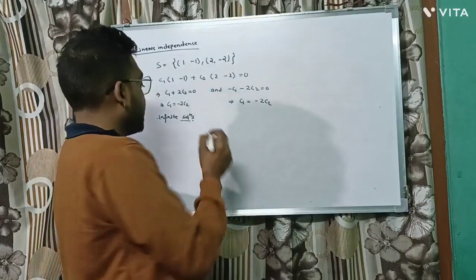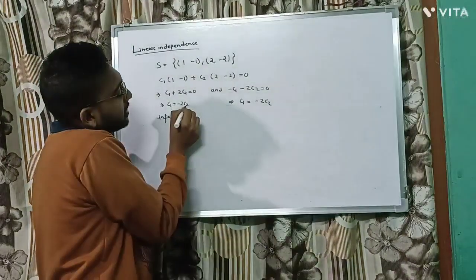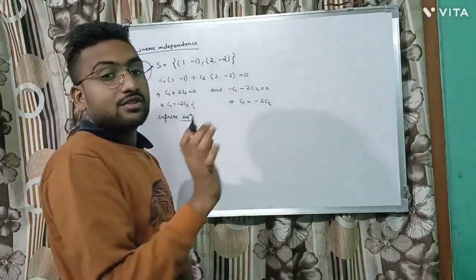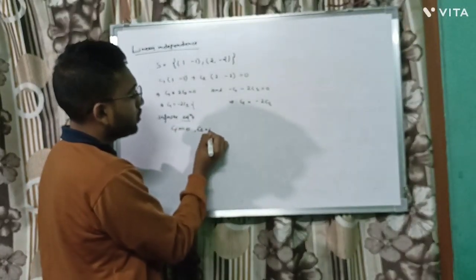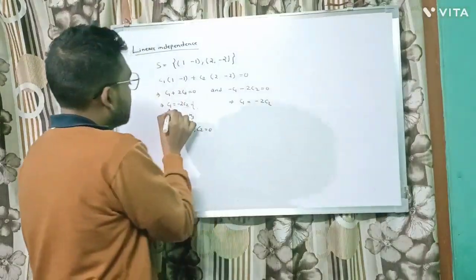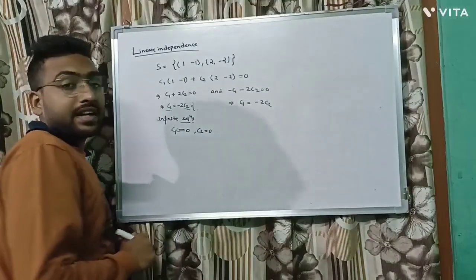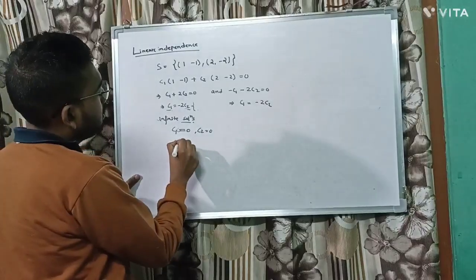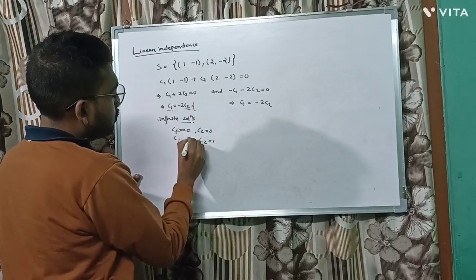So what I have seen here is that if I take some value of C1, then I will get some value of C2. So not only the trivial solution, that is C1 equal to 0 and C2 equal to 0, is satisfied here; other values of C1 and C2 are also satisfied. If I consider some other values, let me consider C2 as 1, then I will have C1 as minus 2.